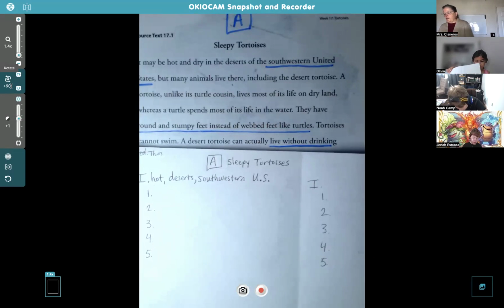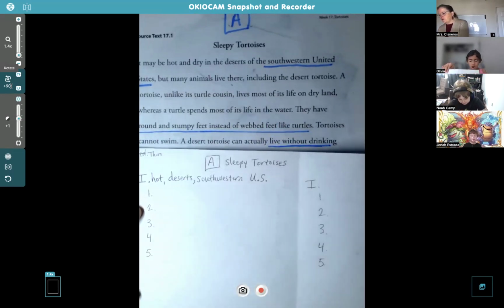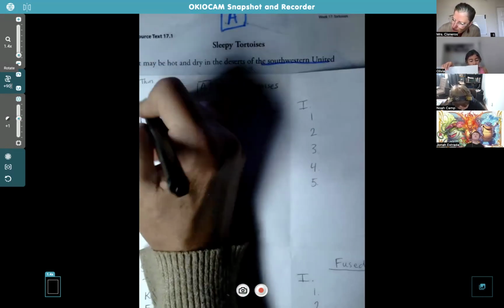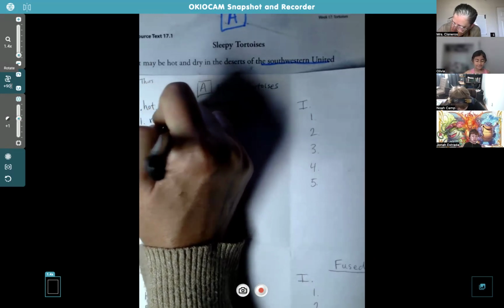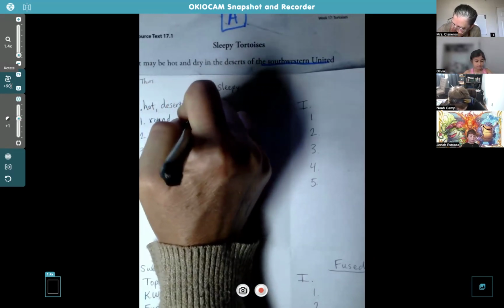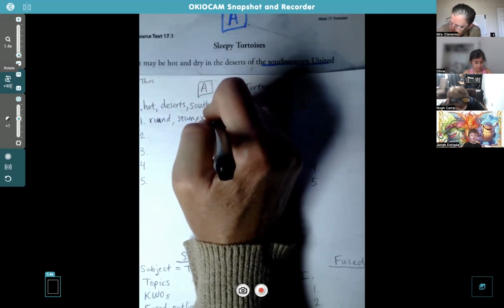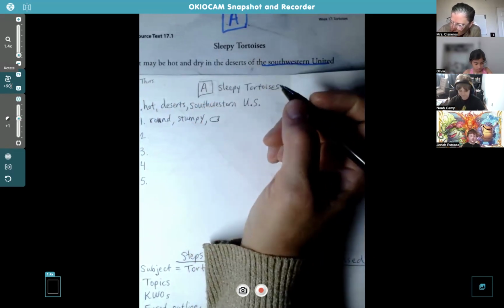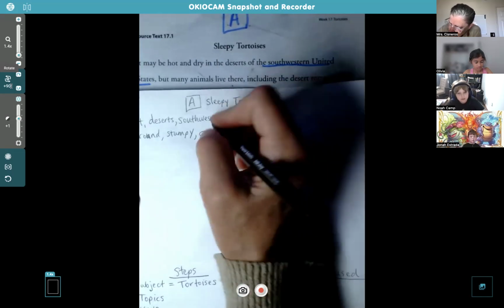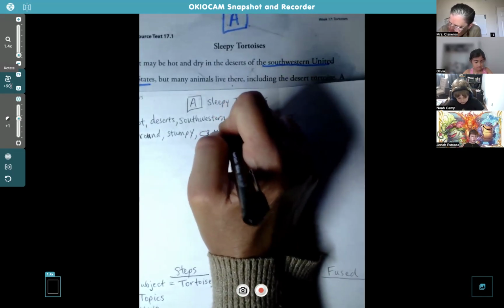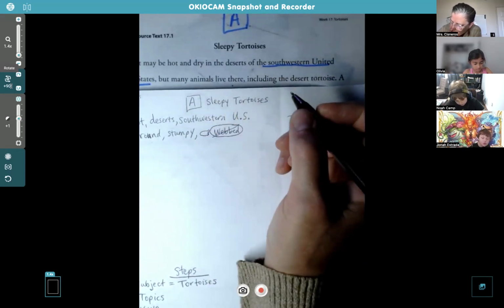I'm going to put the one that says round, stumpy feet instead of webbed feet like turtles. So I'm going to put round, stumpy, and then I'm going to draw a foot. That's a foot, in case you didn't know. And then I'm going to put webbed and circle that and cross it out, not webbed.